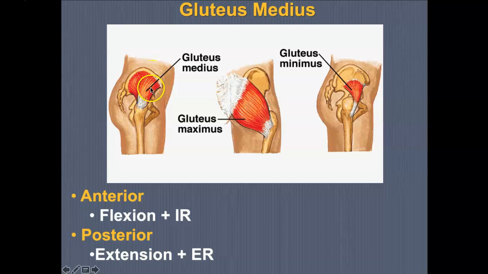So the anterior fibers, and then we have the posterior fibers. And we can see that their fibrous orientation is in the opposite direction of each other. So our anterior fibers, not only do they abduct the hip, but they are also responsible for causing hip flexion and internal rotation. Our posterior fibers then also hip abduct, but drive hip extension and external rotation.